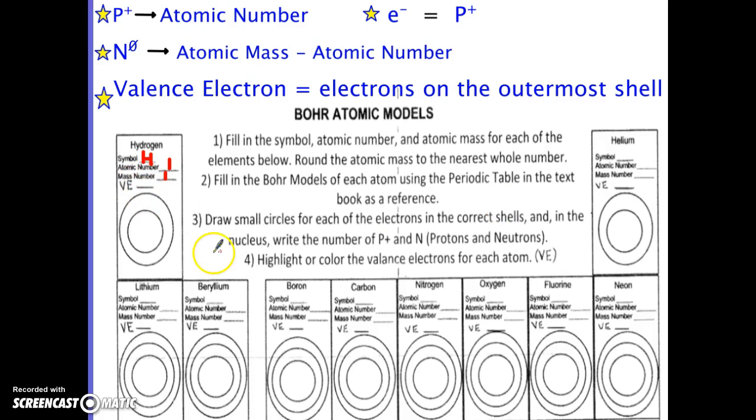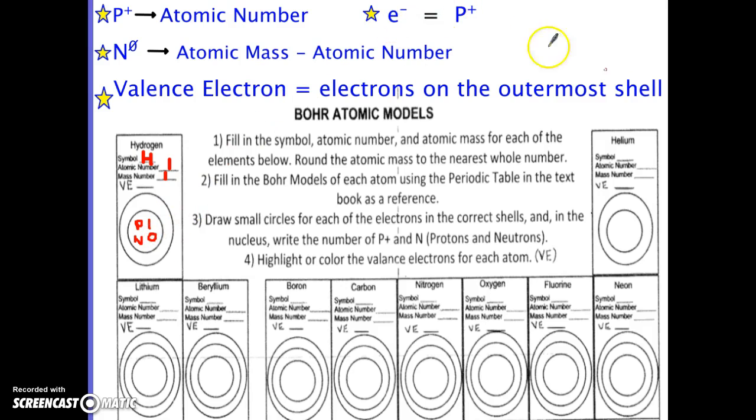We don't know how many valence electrons we have yet because we have to draw our atom first. So this first circle right here, that's your nucleus. Inside I'm going to write that the number of protons is 1. And the number of neutrons is atomic mass minus atomic number. Well, 1 minus 1 means that this particular atom has 0 neutrons. Now I need to draw my electrons.